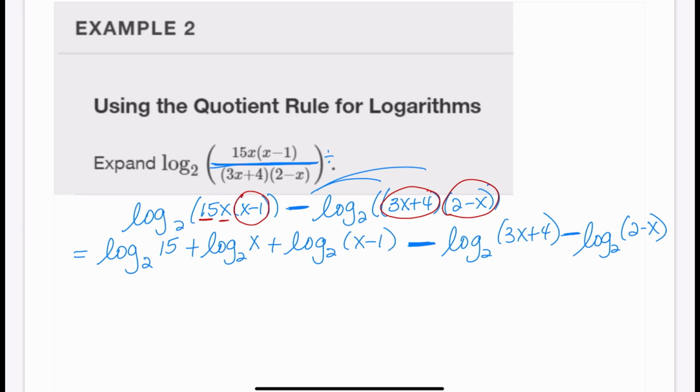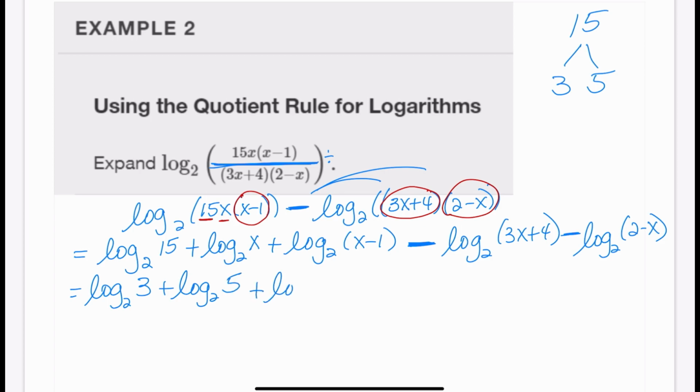The only thing, if anything, that we might be able to do is to find the prime factorization of 15 and break that up a little bit more. In this case, 15 is easy because 15 is simply 3 times 5. So I can rewrite this as the log base 2 of 3 plus the log base 2 of 5. So that gives me the 15.